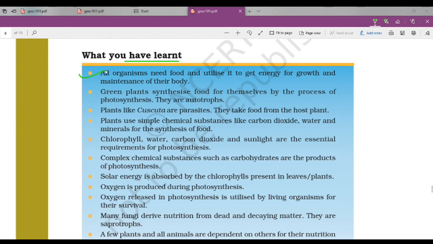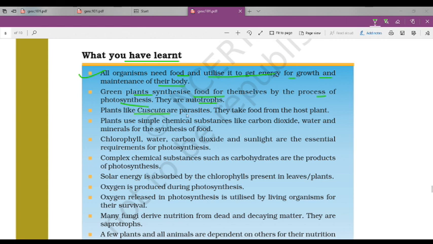The first point is that all organisms need food and utilize it to get energy for growth and maintenance of their body. Green plants synthesize food for themselves by the process of photosynthesis. Green plants require some substances, and they do photosynthesis, so they are called autotrophs.